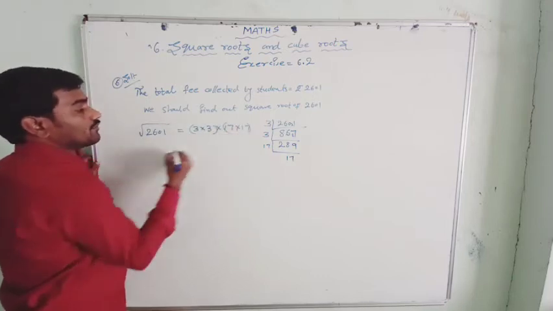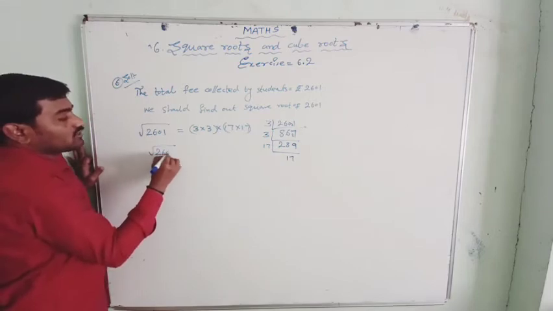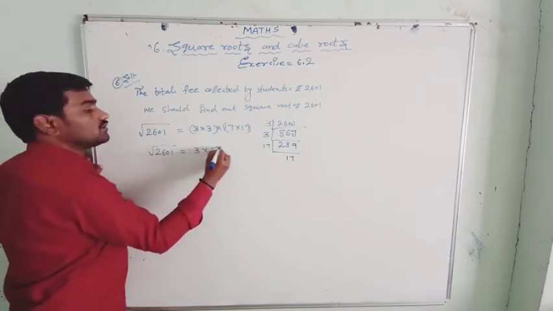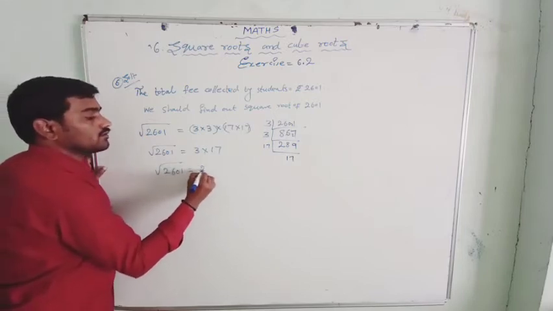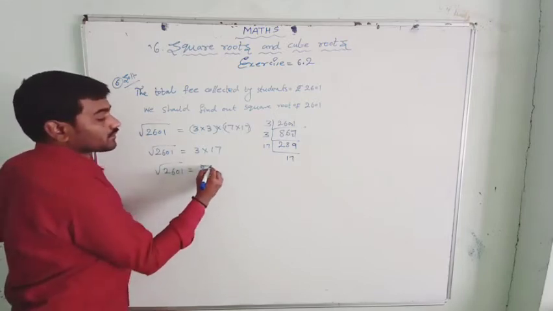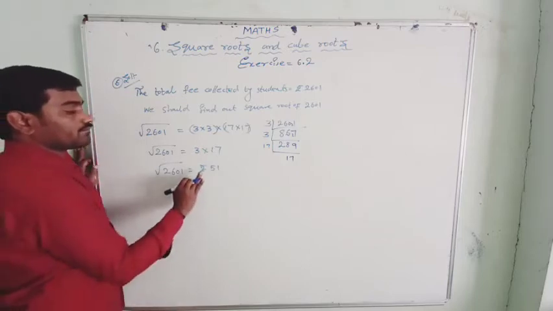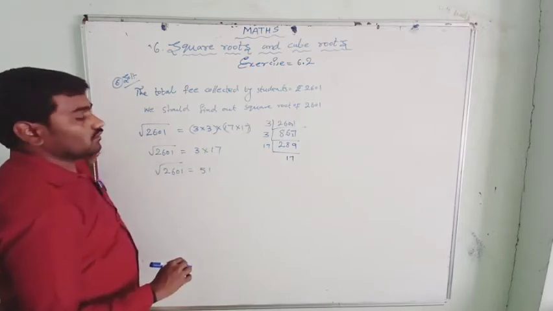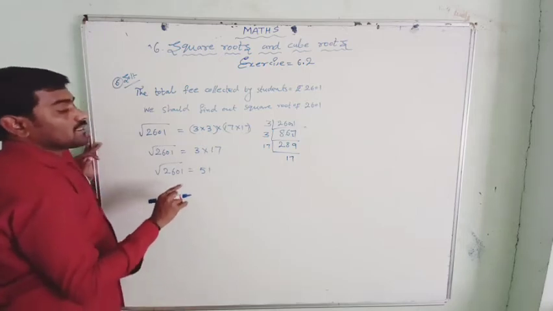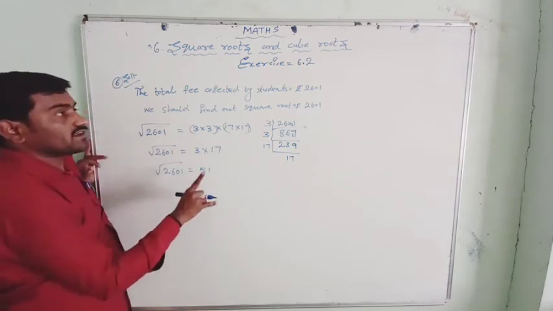Make it as a pair now. What do we get directly here? 2,601 equals 3 into 17, that is 17 3s are 51. So what did they ask?